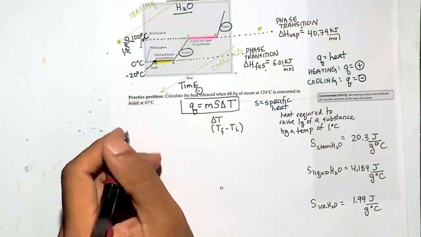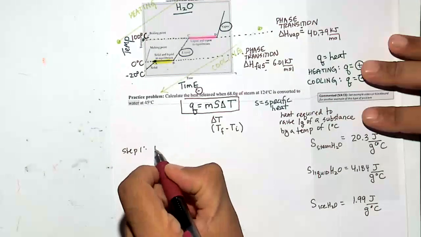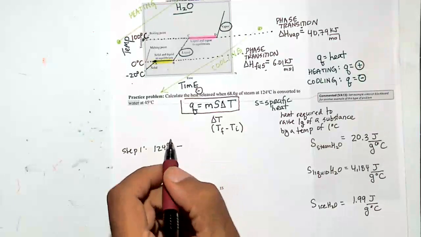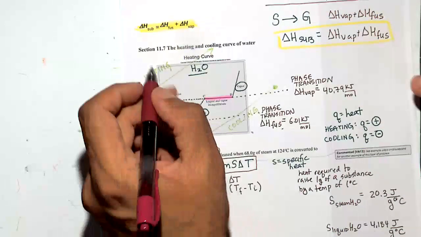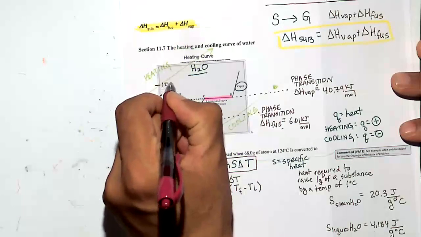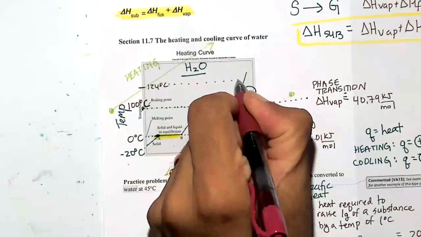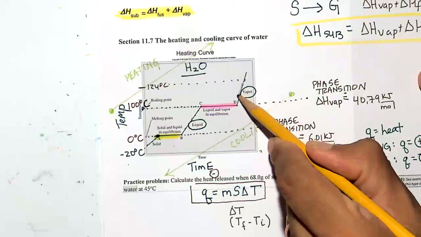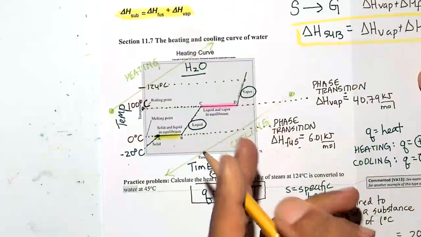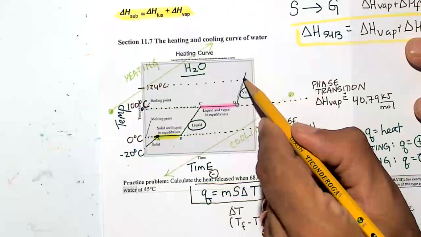First off, we're cooling. We start off at 124 degrees C, and we cool it to what temperature? 45 is somewhere here.